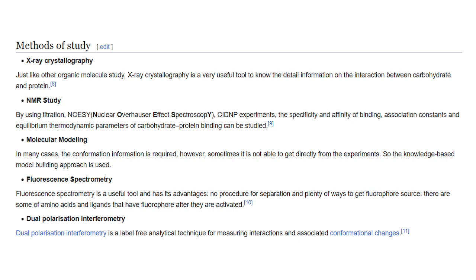You get information about the association constants and different thermodynamic parameters like the equilibrium constants of these particular interactions. Apart from these two interesting studies, you have other studies like molecular modeling, fluorescence spectrometry, and dual polarization interferometry.